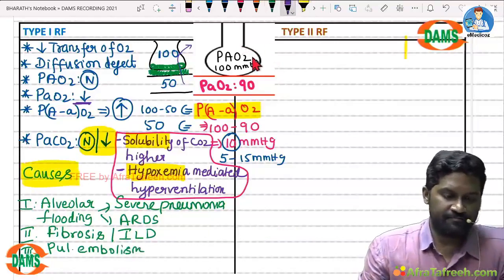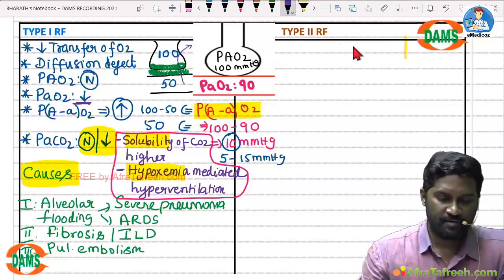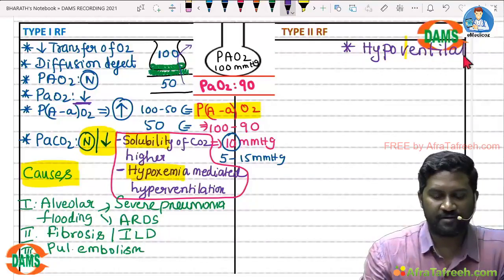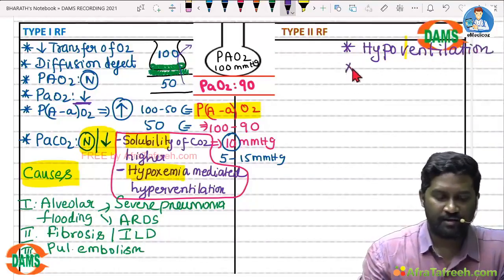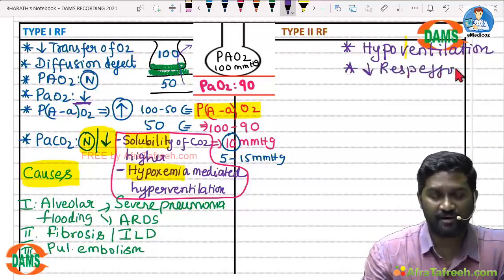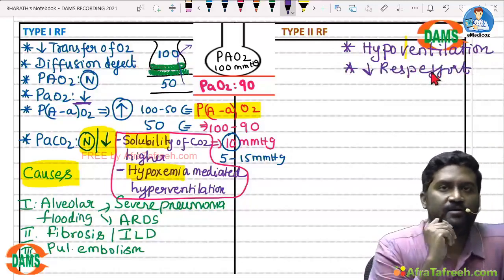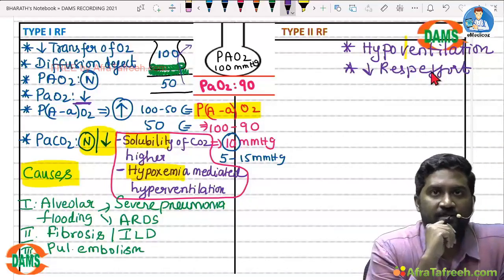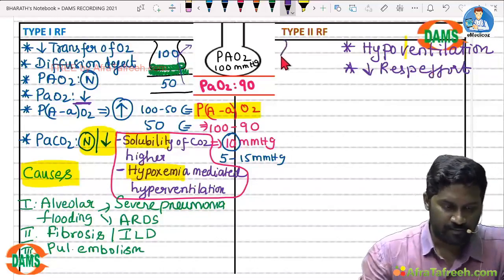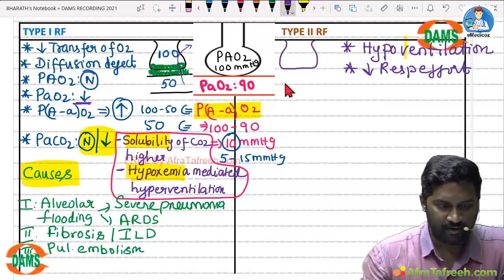Now let us see type 2 respiratory failure. Here the problem is either hypoventilation or any defect that is responsible for decreased respiratory effort. So what is happening here? Again, let this be the alveoli, let this be the circulation.